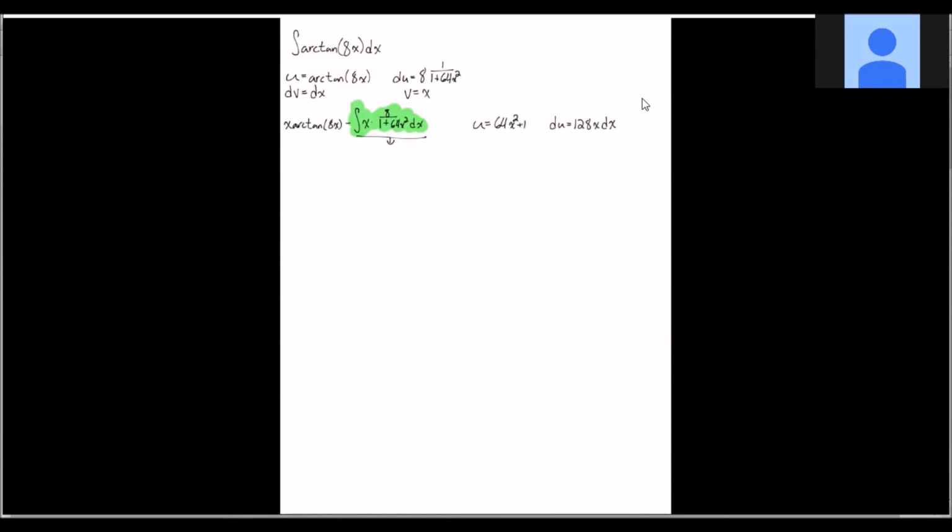And so now this integral is, we have an x and we have this 8. So we're going to have this 8 over 128, and we're going to cancel one of those x's, and then all we have left is 1 over u du.